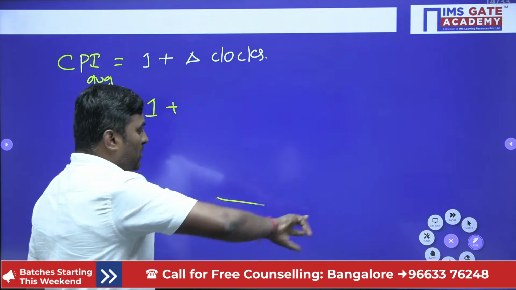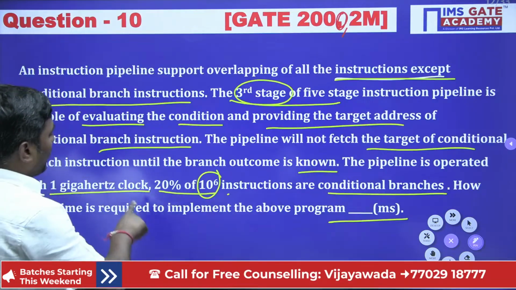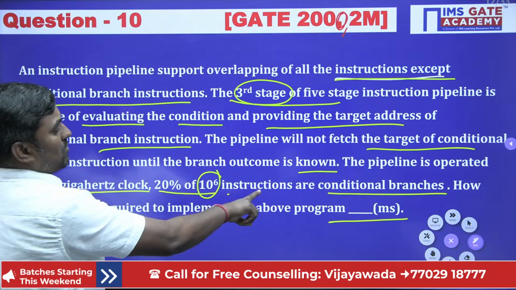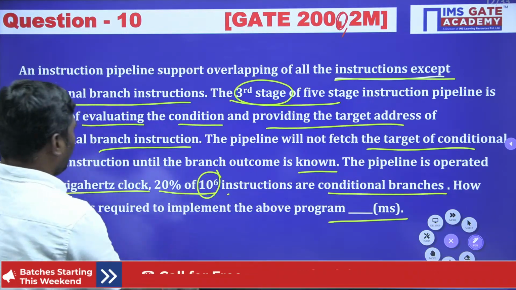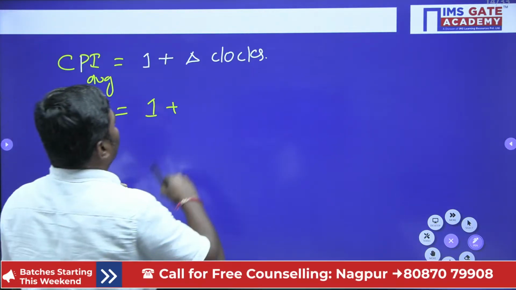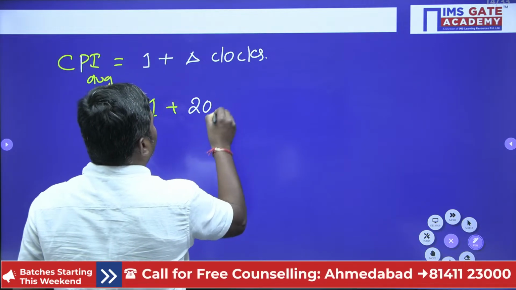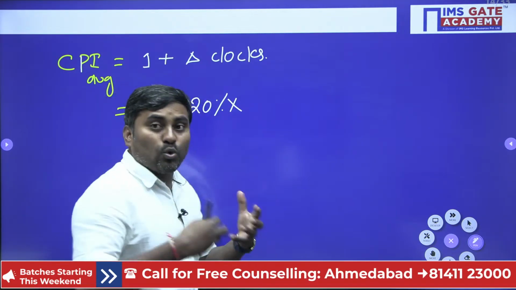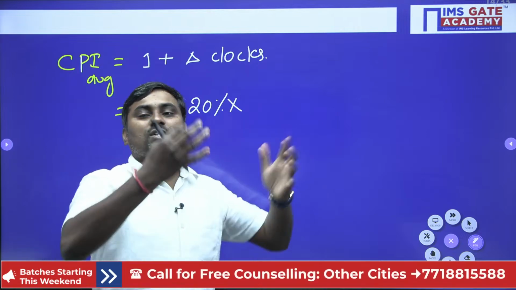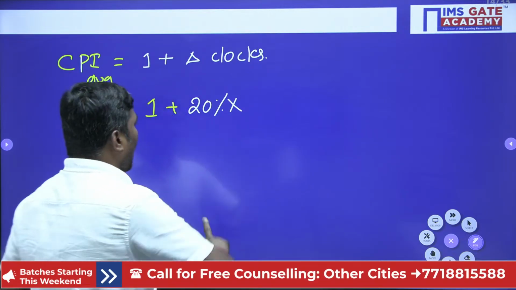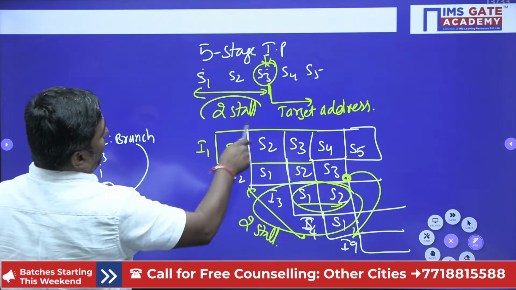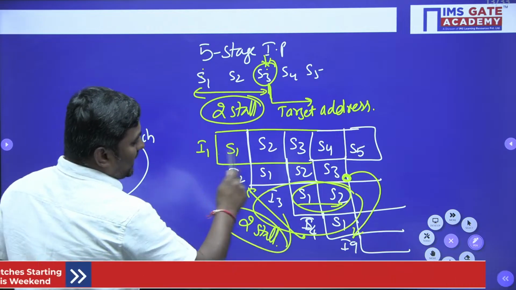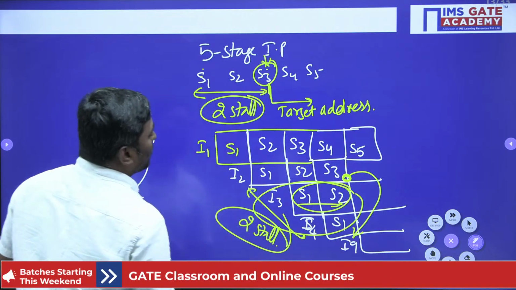They said 20% of instructions are branch instructions. Due to each branch instruction, how many extra stalls are going to happen? 2 stalls. Each branch instruction wastes 2 stalls.